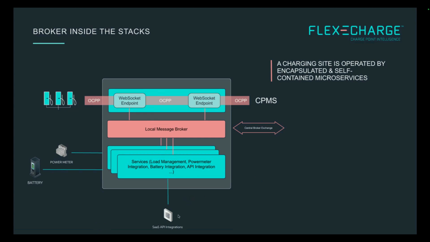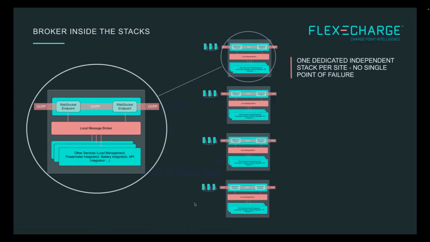In addition, we are able to integrate local software as a service APIs to particular microservices. So to recap a bit, why is it built like this? One reason is that we didn't want to have a single point of failure.